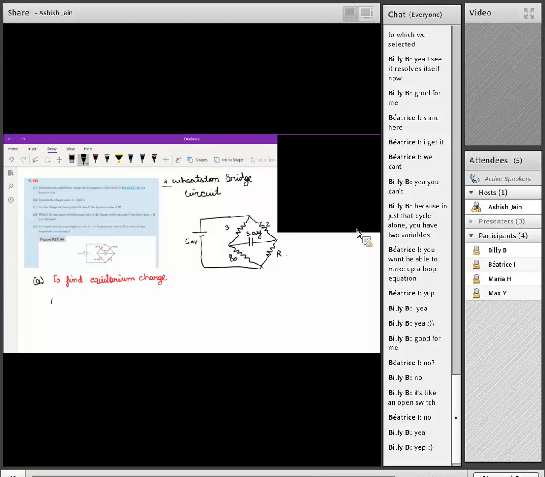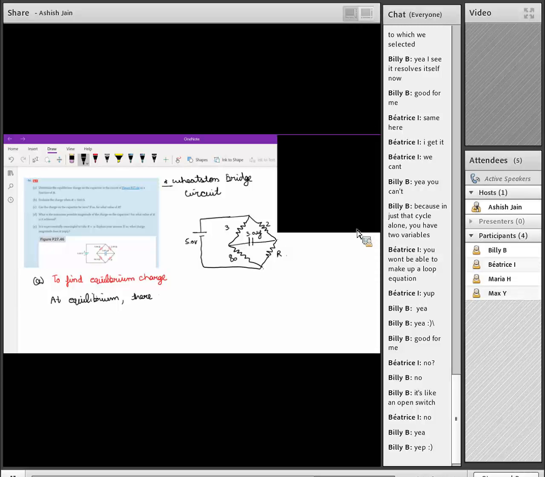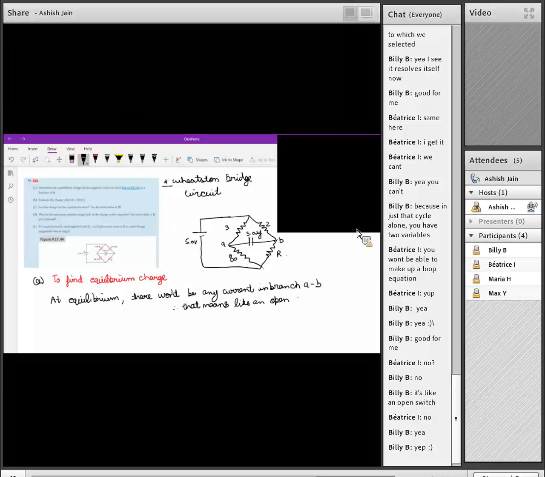So at equilibrium, there won't be any current in the branch AB, the branch A to B. That means it's like an open circuit.